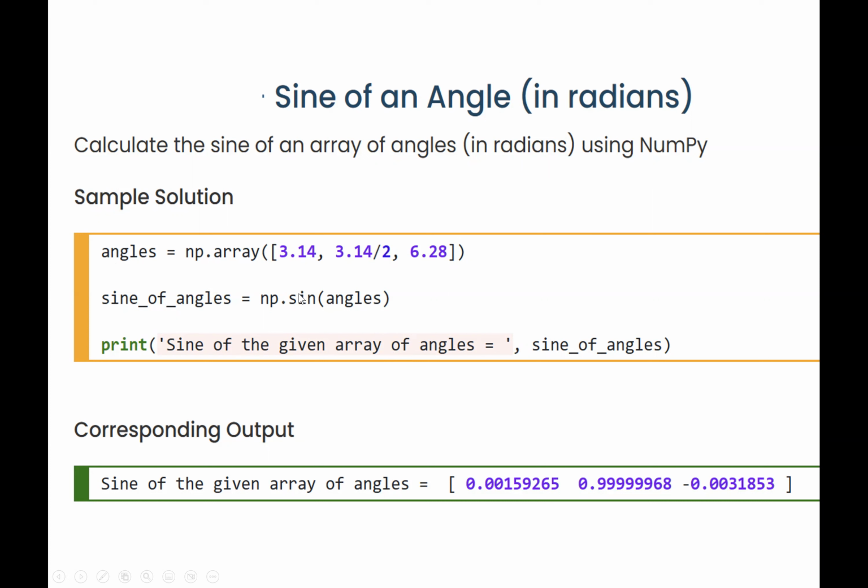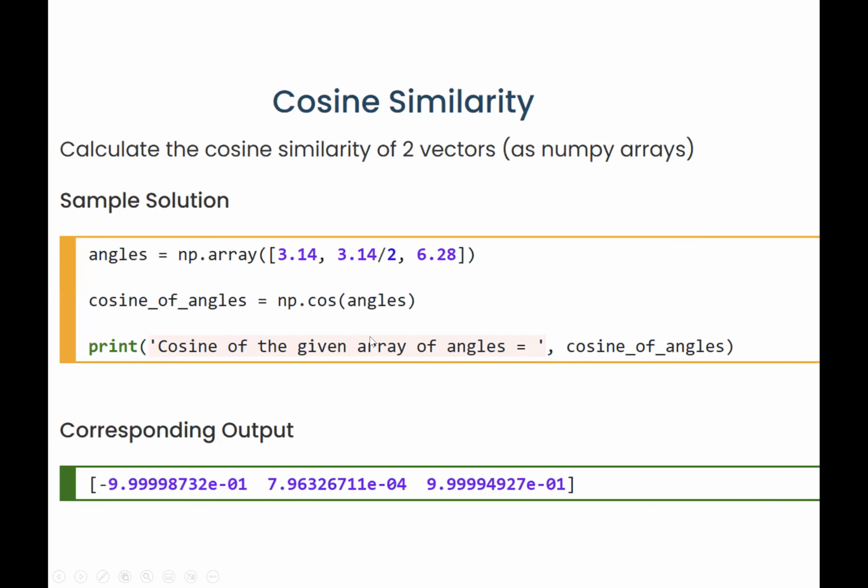All we need to do is use the sine function, np.sin, with the values. When we print this, we get our output here. Same thing, we can find the cosine. We use the function name cos with the content as the argument. The content of this array is inside a location named angles. Then we print it.